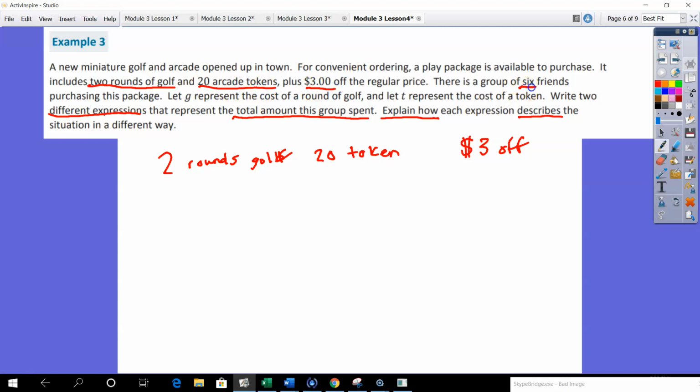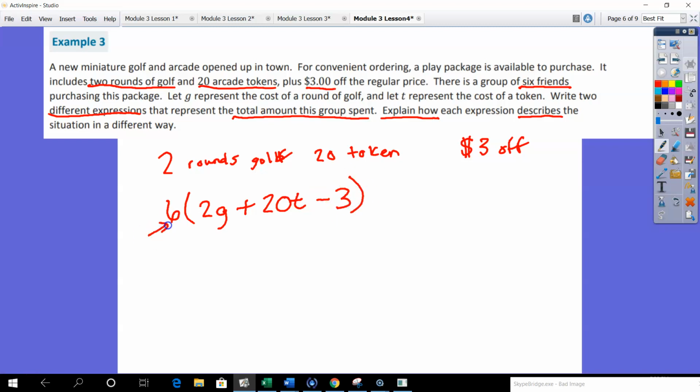There's a group of 6 friends that purchase this package. Okay, so we have 6 friends that get 2 rounds of golf, plus they get 20 tokens, and then they have $3 off, so it's being taken off, so I'm taking off 3.